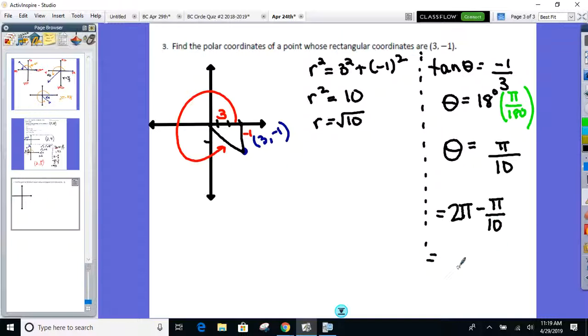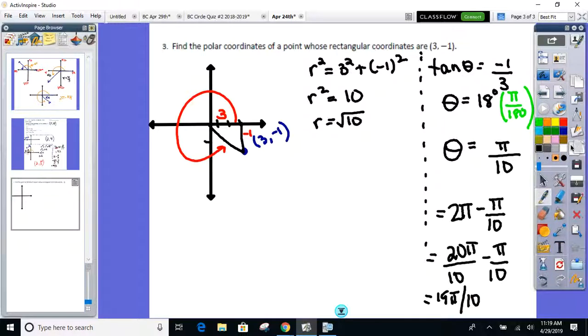What do I change that 2 pi to? Be careful. Don't give me 10 over 10. 20 pi over 10, because it's got to equal 2 pi. So what is that angle there in the fourth quadrant? 19 pi over 10.